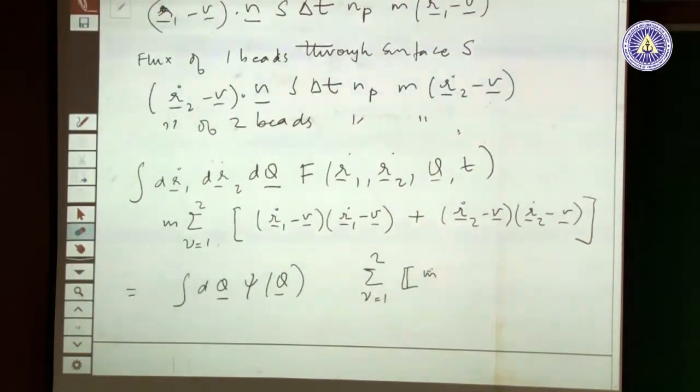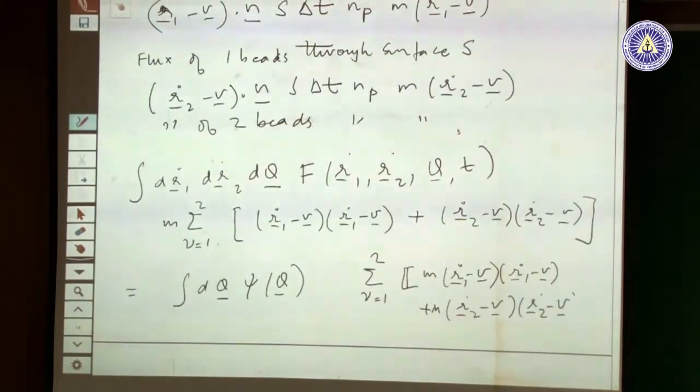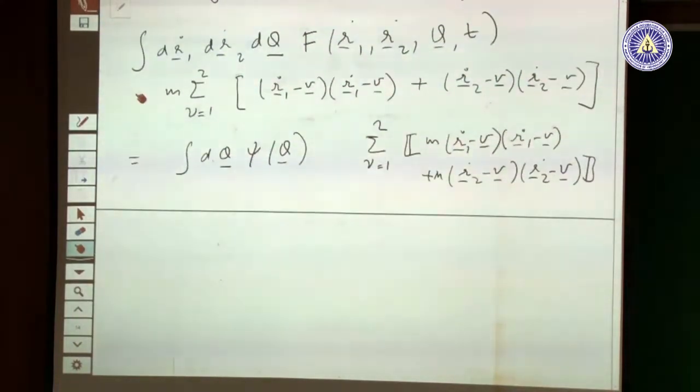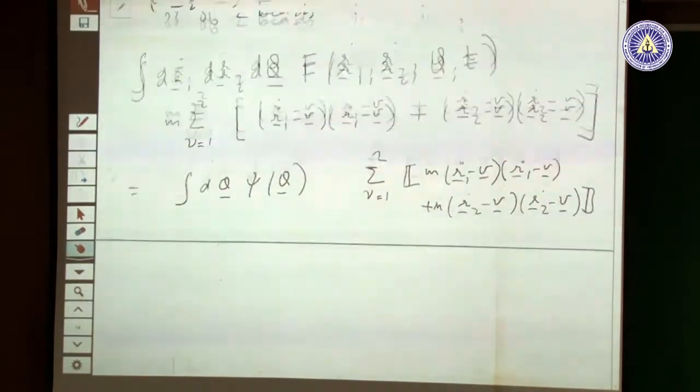Okay, let us take, and if we now make the, okay, so am I missing an n dot?